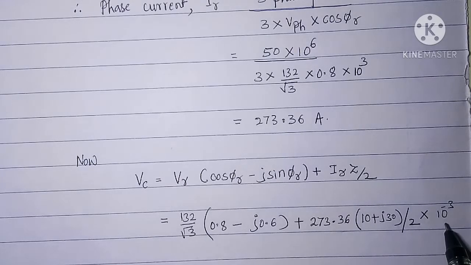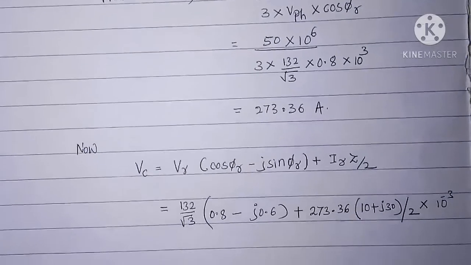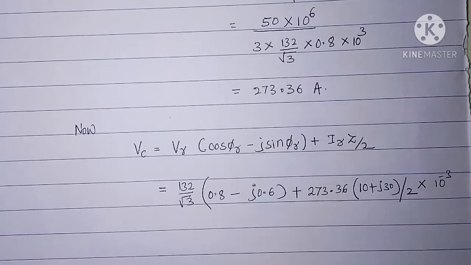Therefore, we have to multiply it by 10 raised to minus 3. Simplifying, we get 62.334 plus j49.827 kV.